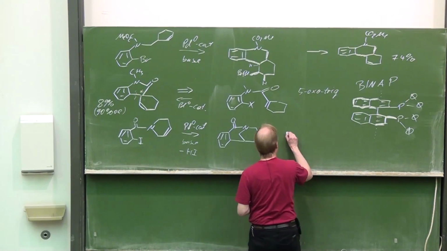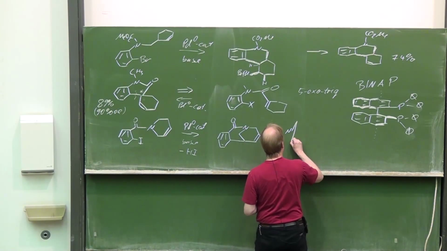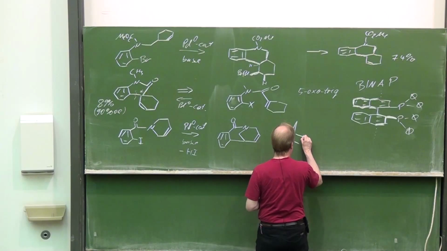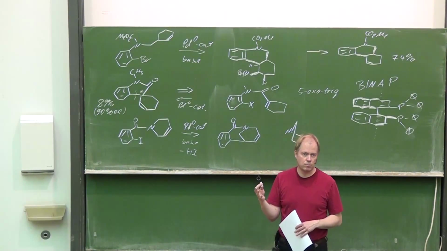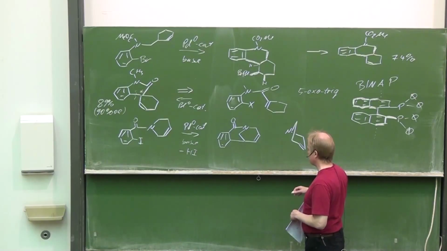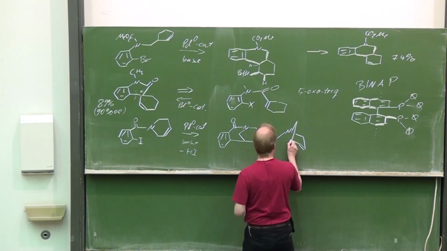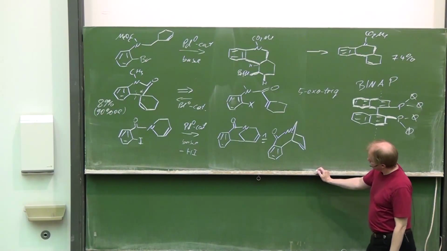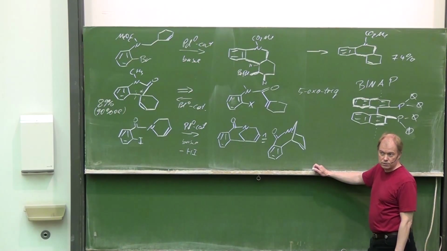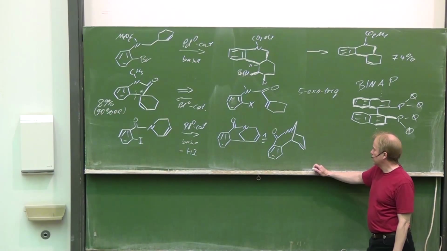Well, if you would draw that similar to what you are used to when you are drawing norbornane moieties, but now with more ring positions, then this kind of drawing would result, and well, okay, maybe looks better, maybe not.